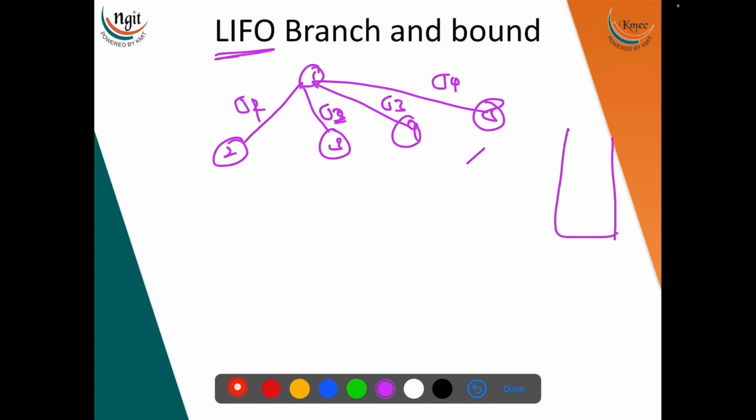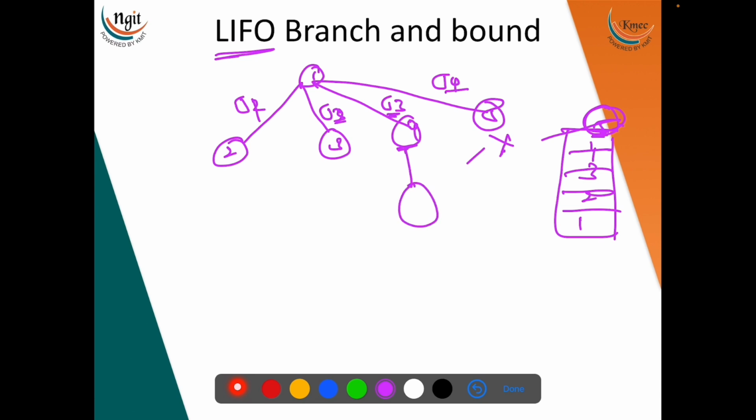You will maintain a stack over here. What is there in the stack? 1, 2, 3, 4, 5. The last node is 5, and the first node is 5. Now you have to explore this node, but you don't have any chance, right? It is already J4. You can't do anything. Now pop from the stack.